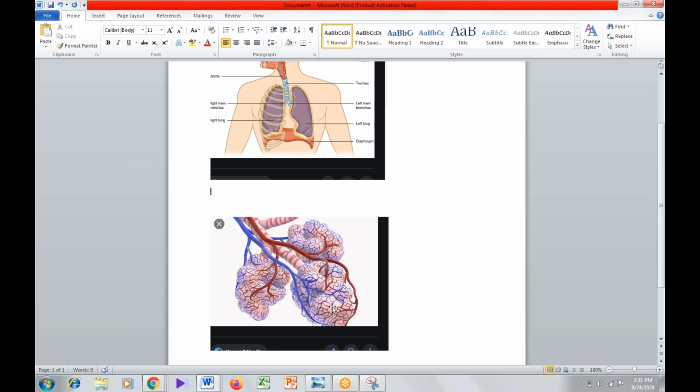Arteries take blood from the heart to the body parts, and veins take blood from the body towards the heart. When an artery breaks up and subdivides, that is called capillaries, and the other end of the capillaries joins with the vein.